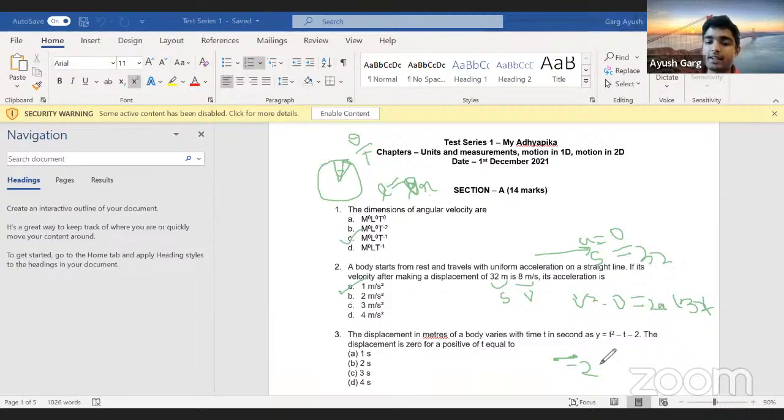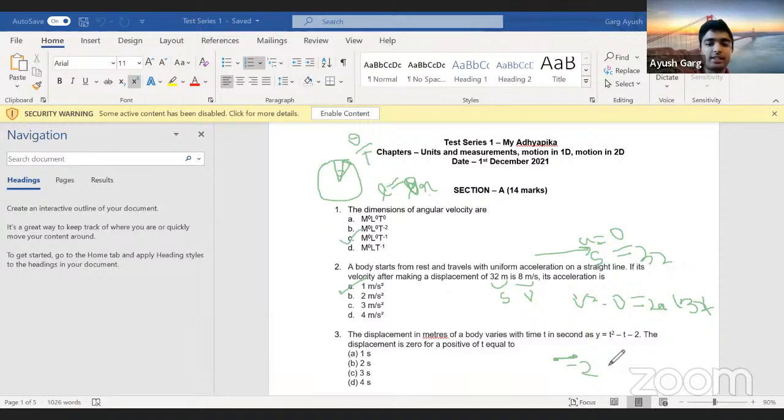Now you put the next second. Let's say if you put t is equal to 2 seconds. So 2 square is 4 minus 2 minus 2. So again 0. You put t is equal to 3 seconds. There's going to be a value. So basically you put different values of time t in this equation, and then you will find out the position. So this is how this equation can be interpreted.